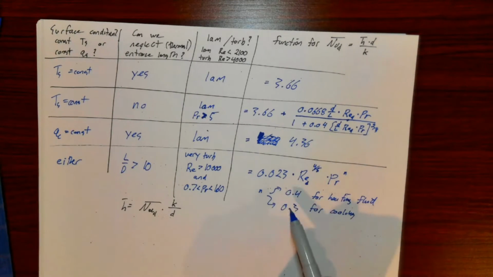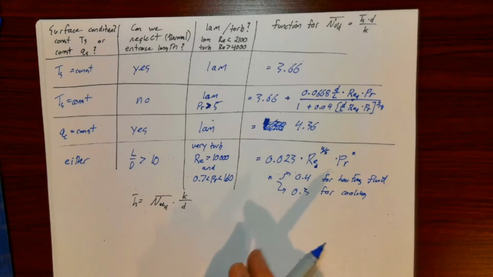And what is the physics of this 0.4 versus 0.3? Beyond the scope of what we can talk about right now.